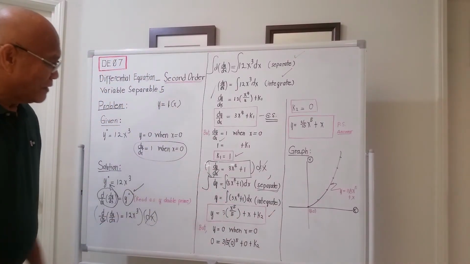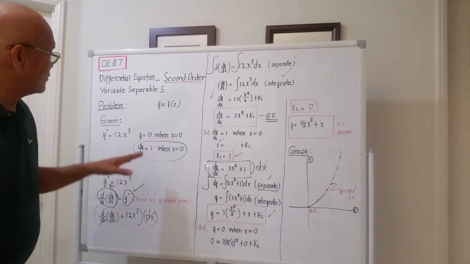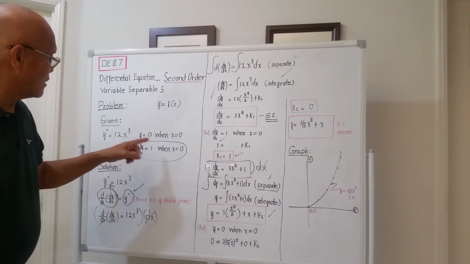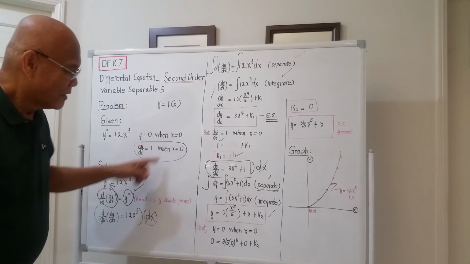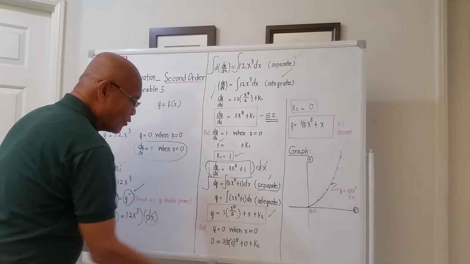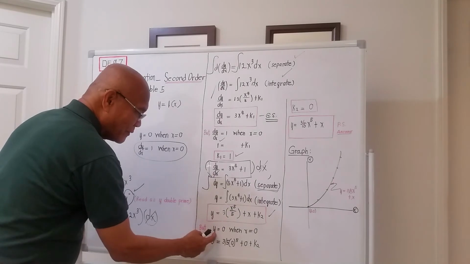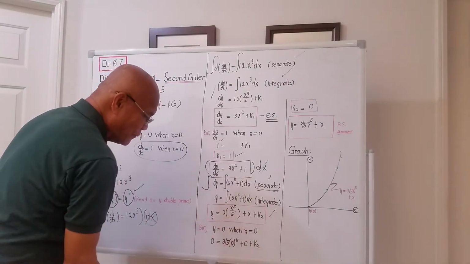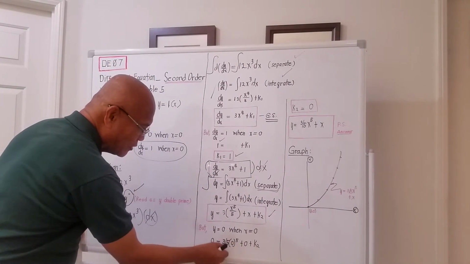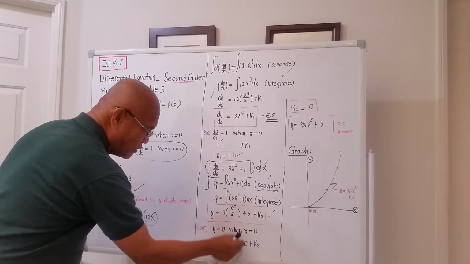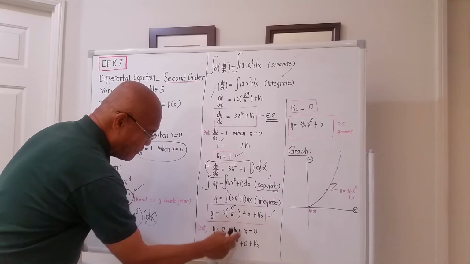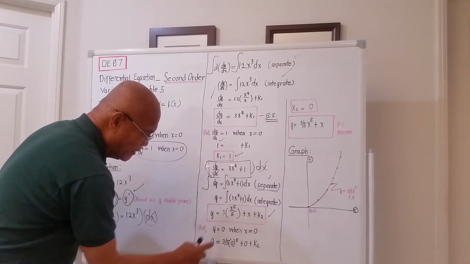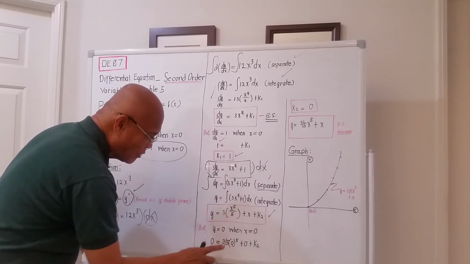To solve for y now, we bring out the first initial condition that y is equal to 0 when x is equal to 0. So we'll go back here, we place y equal to 0 and x equal to 0. Therefore 0 equal to 3 over 5, 0 to the 5th power, plus 0 plus k2. 0 to the 5th power is 0. 3 over 5 times 0 will be 0.